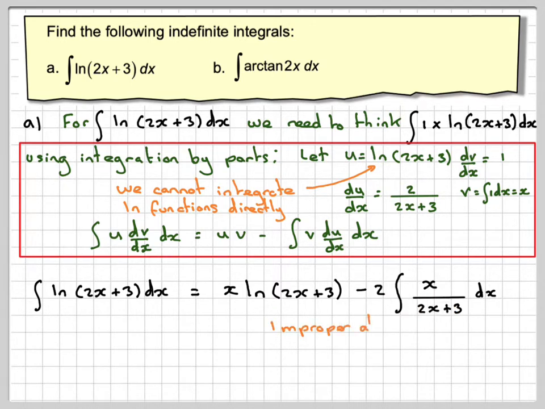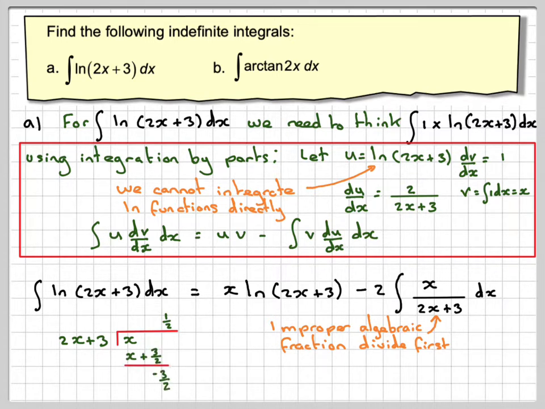Right, this is actually an improper algebraic fraction, so before we can actually integrate it, we must do a division first. So doing 2x plus 3 into x gives a half. A half times 2x gives x, a half times 3 gives 3 over 2, so we get a remainder of minus 3 over 2.